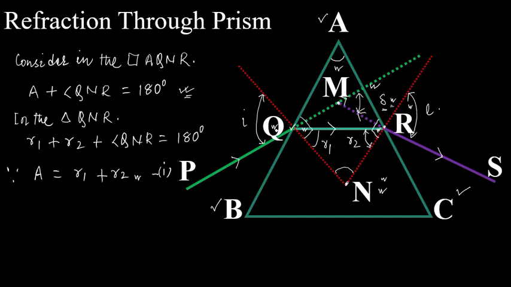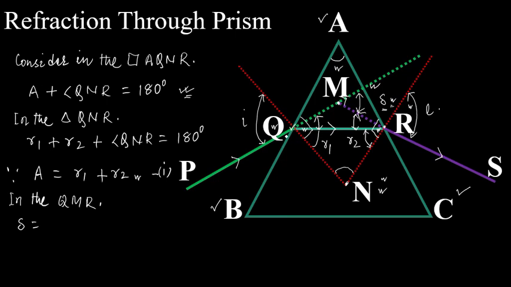Again consider the triangle QMR. So we write down here, in the triangle QMR, this is the exterior angle, or angle of deviation, delta is the exterior angle. So we write down here delta equal to, according to the angle property, we know that exterior angle is equal to the sum of the interior opposite angles. So interior opposite angles will be this one and this one.